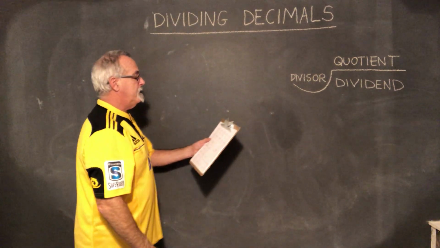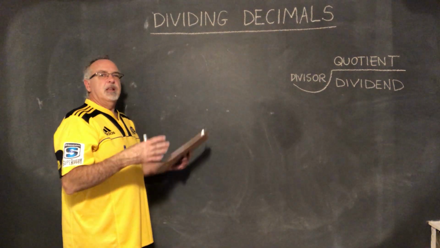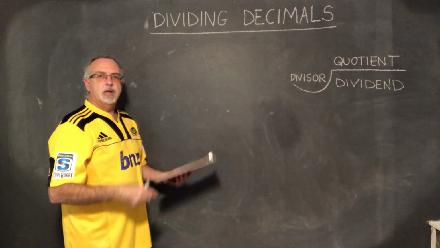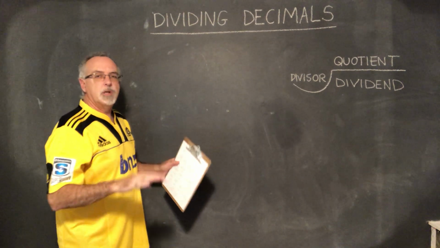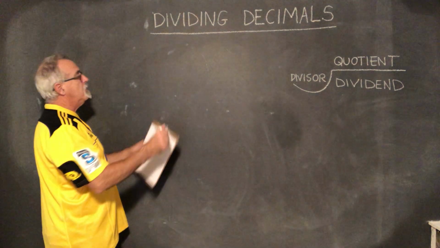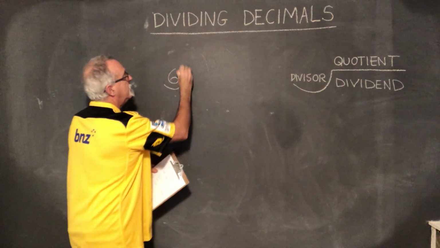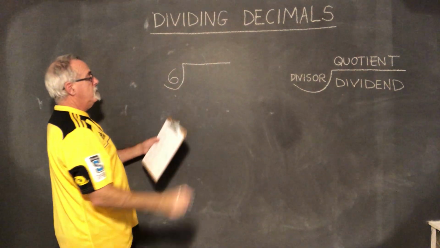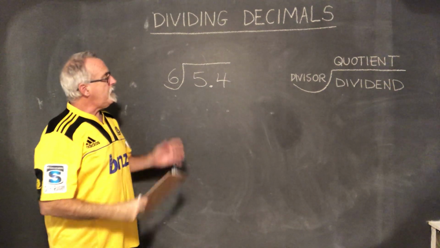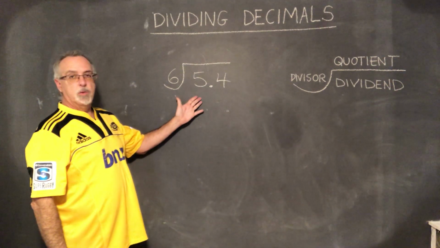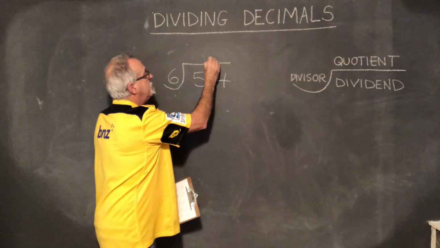Next one. I'm going to start increasing the size of some of the digits and the number of digits, and I'm going to try and make it a little bit more challenging, but only a little bit at a time. So how about 6 being divided into 5.4? What do I do? I put a decimal right here.